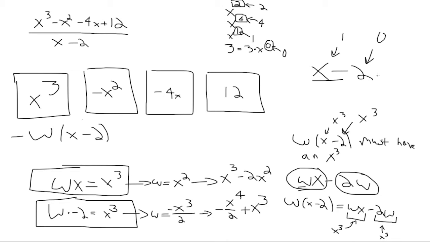If we choose the negative 2, then whatever we multiply it by must equal x cubed.